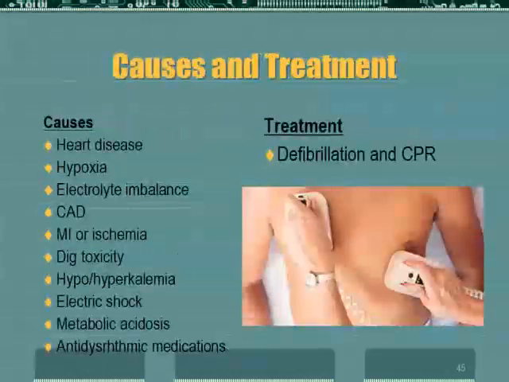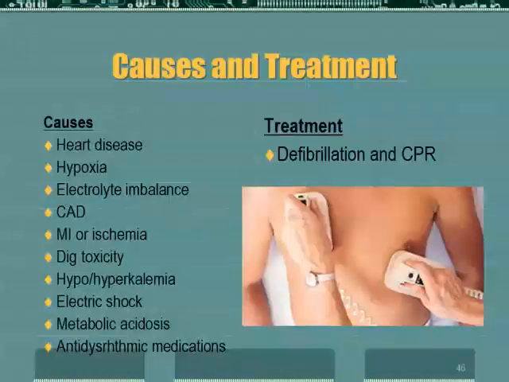Causes are listed there. It can be many causes such as heart disease, hypoxia, electrolyte imbalances, coronary artery disease, ischemia, dig toxicity. Could be the patient had received an electric shock or is in metabolic acidosis, or they're on antidysrhythmic medications at too high of doses.